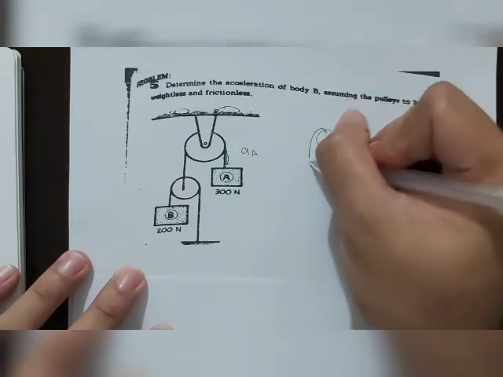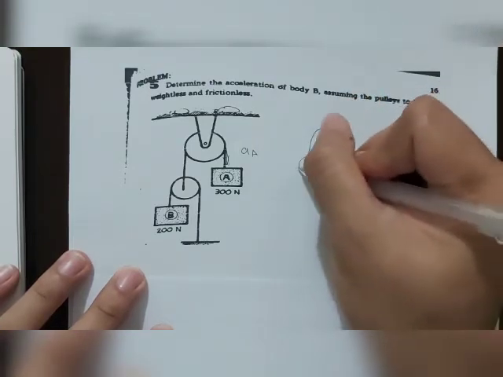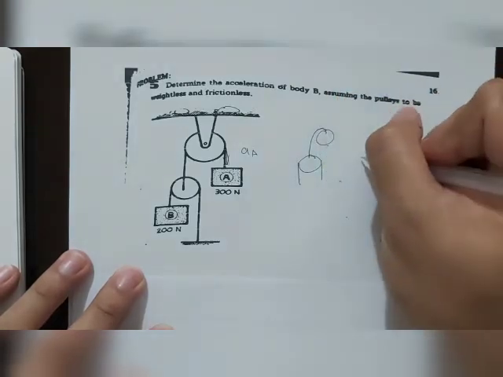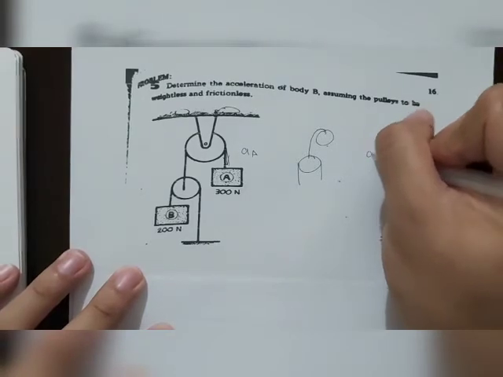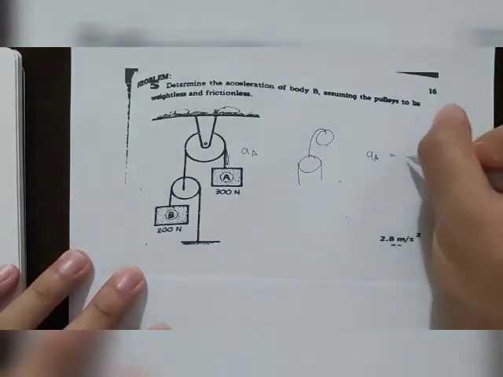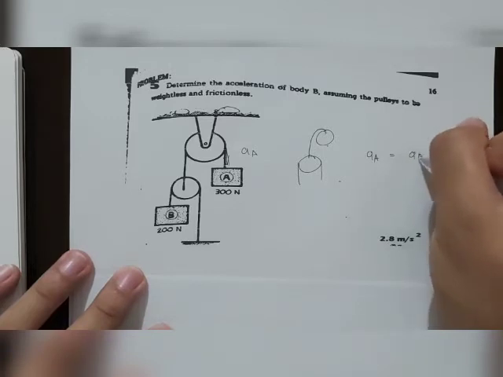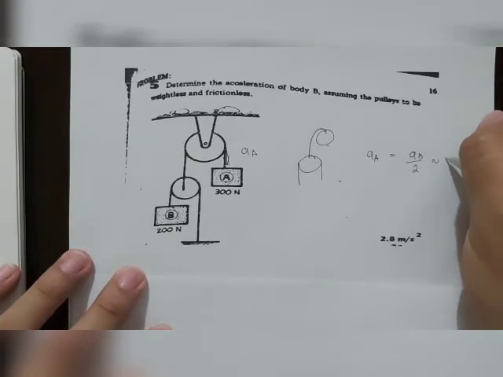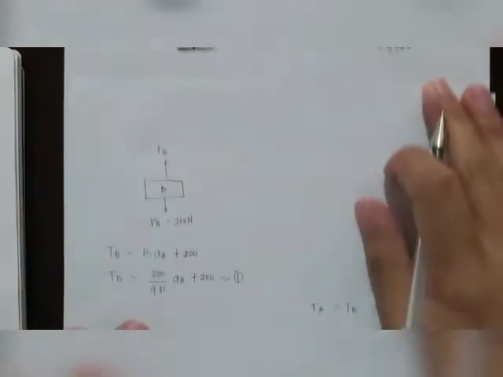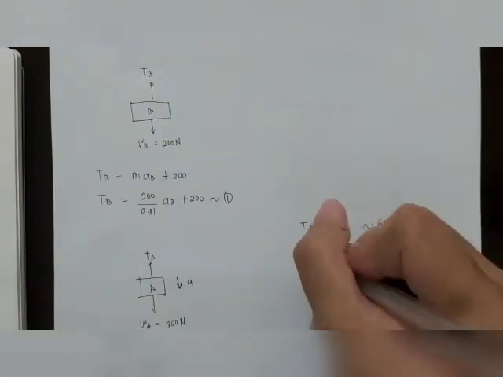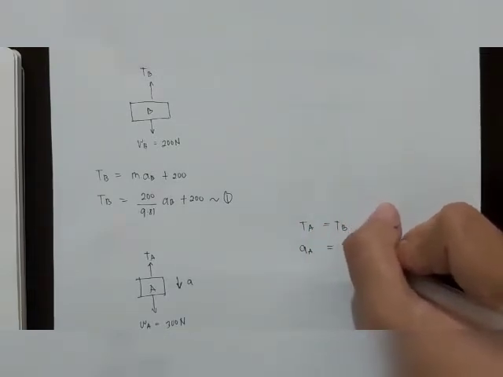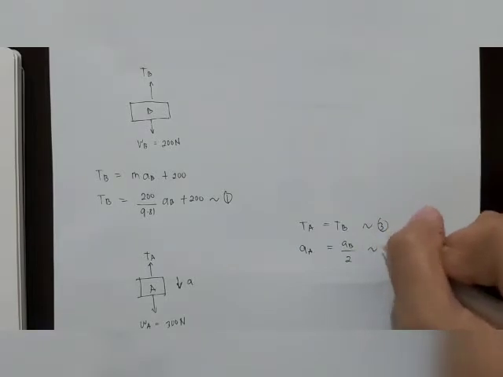So meron dito acceleration sa B, dalawa, sa A, isa. So we can say that acceleration A is equal to the acceleration of B all over 2. So this can be an equation. So we will name this as equation 4. So equation 4: acceleration of A is equal to acceleration of B all over 2.